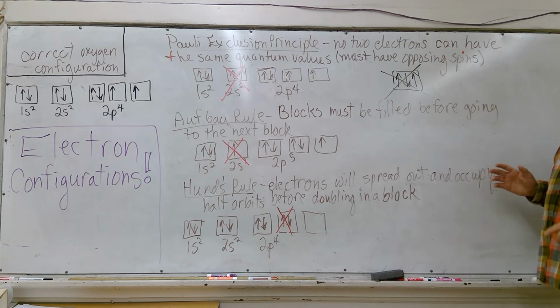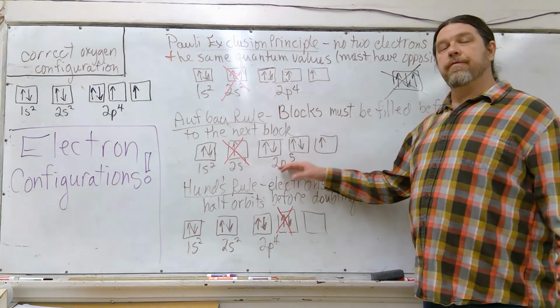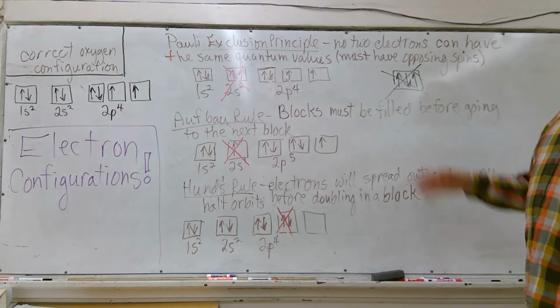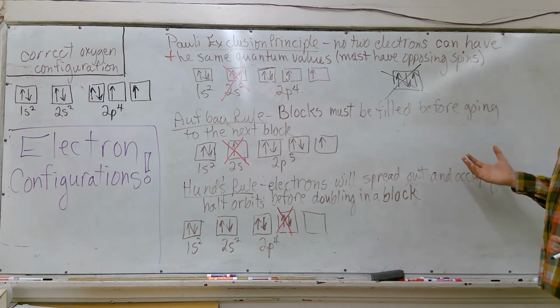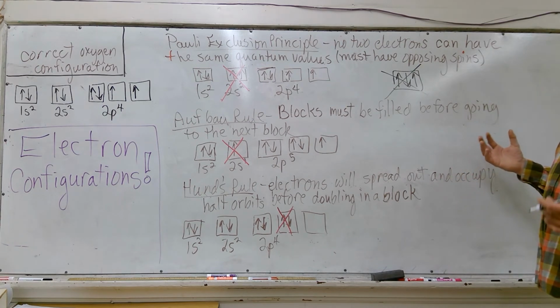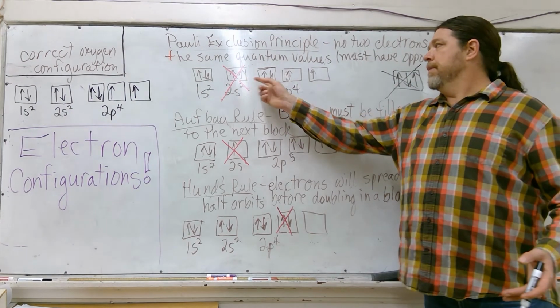So in conclusion, when we're trying to match electron configuration to the arrow diagrams, we have to follow these 3 basic rules. The Pauli exclusion principle, which says no 2 electrons in the same atom may have the same quantum values, which means that their spins must be opposing.